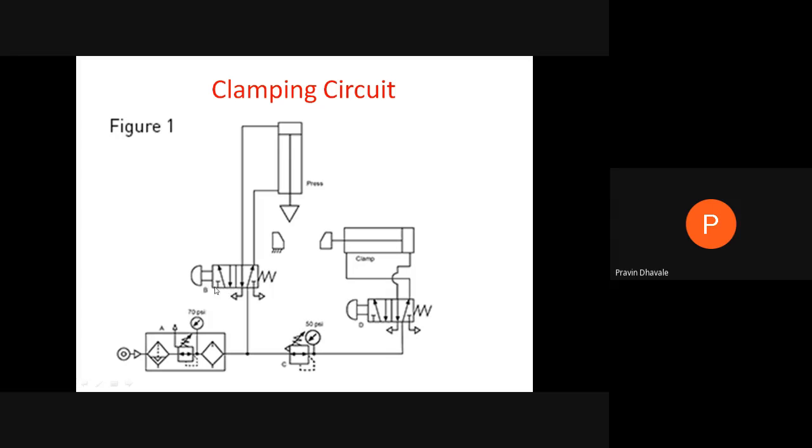Right, 5/2 direction control valve, because it has 5 ports, 1, 2, 3, 4 and 5. So this is a 5 port 2 position valve because it has 2 squares. How will it operate? In the normal position, whatever air is coming will pass here, then over here, and because of that the clamp will be moving in the backward direction.